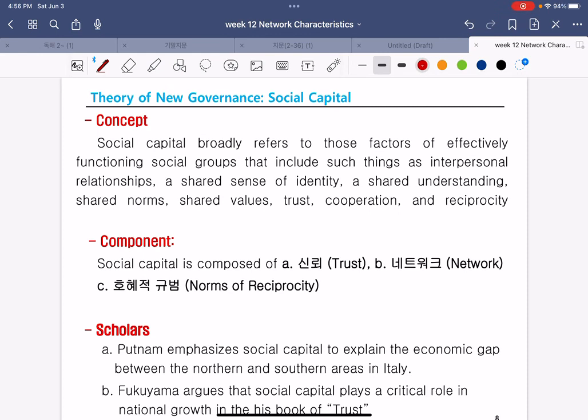So before I explain the theory of social capital, NGO, and participation, let's take a break, and then I will record the lectures again. Okay.